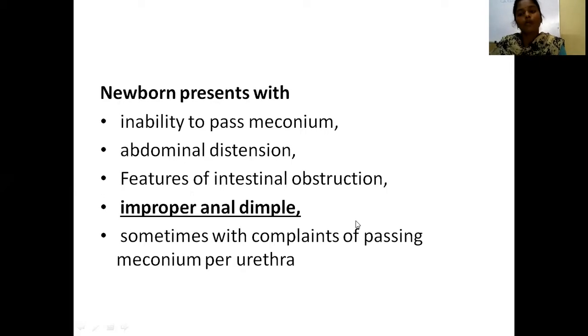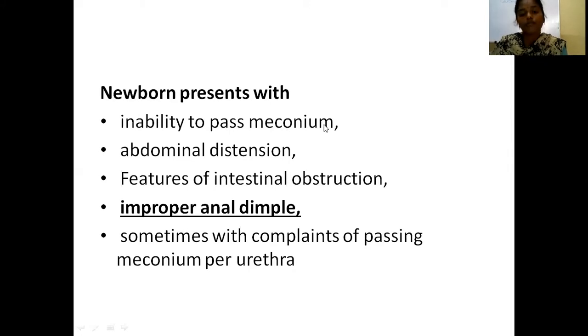So how does the newborn with anorectal malformation present to you? This newborn presents with inability to pass meconium. This clinical feature you will also see in Hirschsprung's disease, where there will be delayed passage of meconium. Now, how do you differentiate anorectal malformation from Hirschsprung's disease, in both of which you see inability to pass meconium?